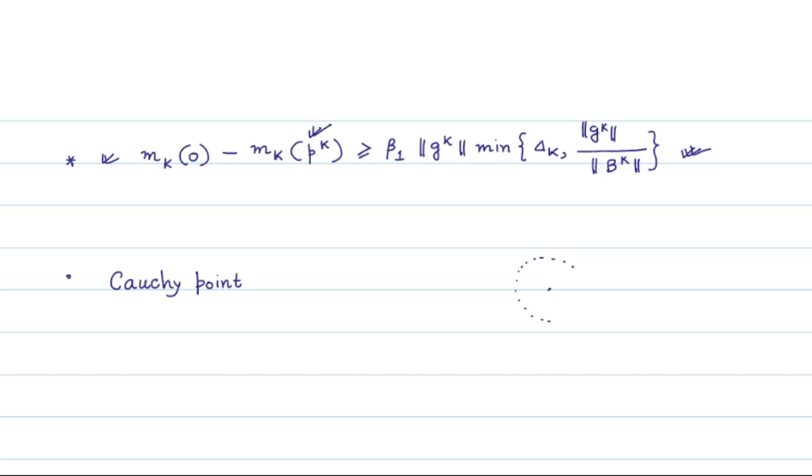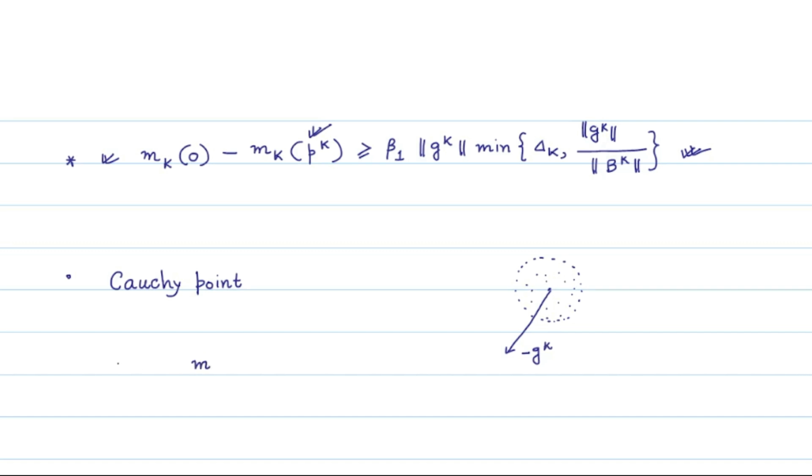That means in the trust region, we find the negative gradient direction, and along this negative gradient direction we find a point of minimum of the model function.